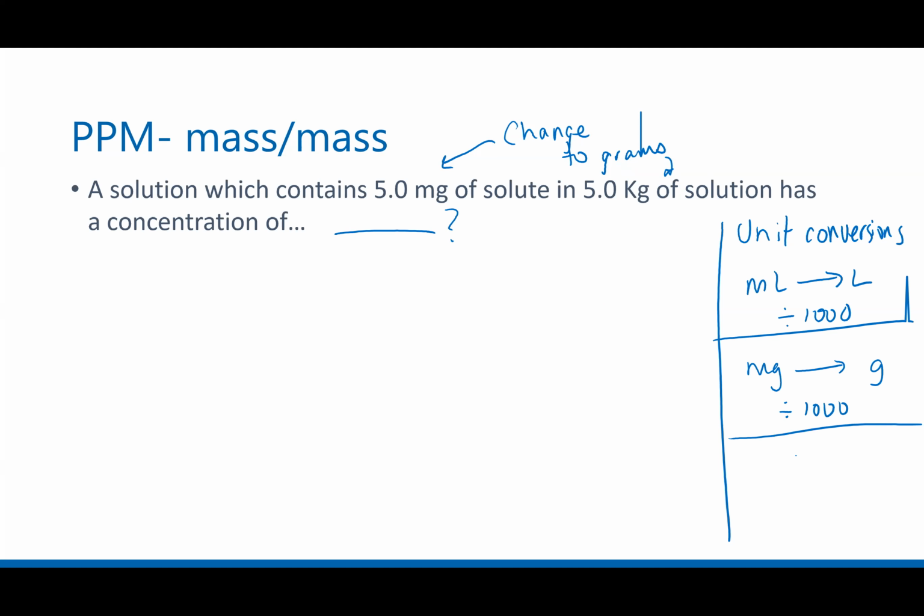And the only other one that you truly need to know is kilograms to grams. You multiply by 1,000. If you know those 3 unit conversions, you will get by in chemistry 1120. So milliliters or milligrams to liters or grams, we divide by 1,000. Kilograms to grams, you multiply by 1,000.